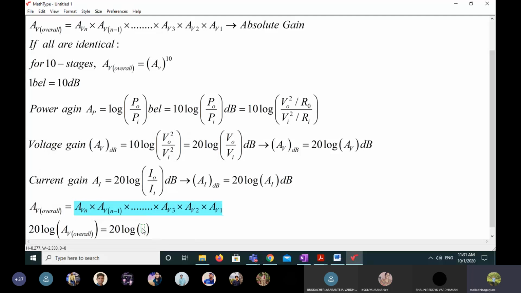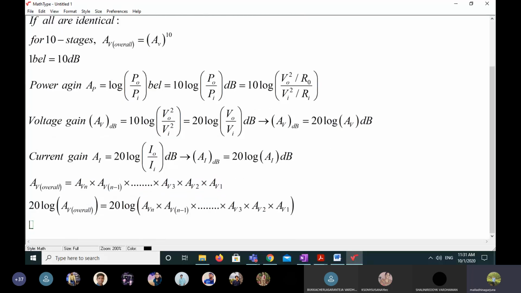What is the formula for log AB? Log AB is equal to log A plus log B.